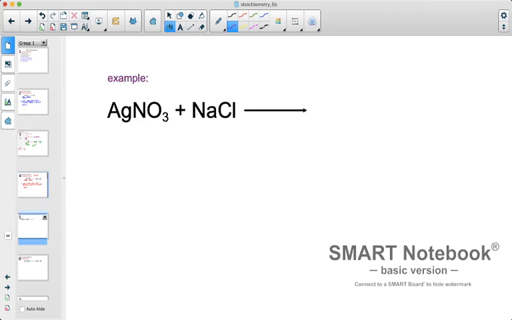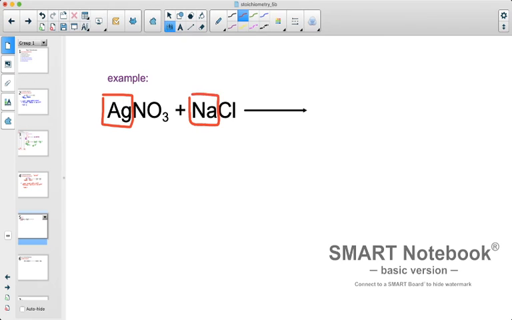Now let's take a look at a real example. AgNO3 plus NaCl. I know it's a double replacement reaction because I'm dealing with a compound and a compound. The first thing I'm going to do is find my metal position, or my metal. In this case, it's Ag, and it's Na.